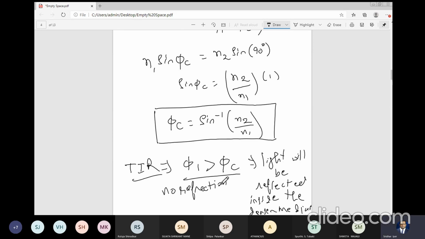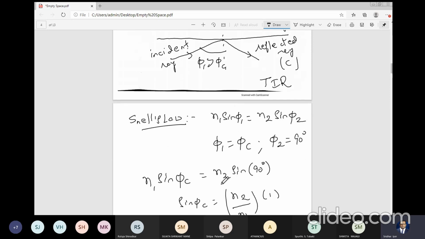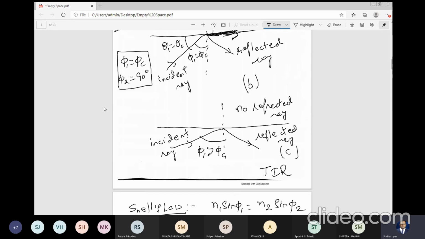There is no refraction, right? So this is known as total internal reflection, and this diagram here basically shows us total internal reflection. When phi 1 is greater than phi c, you only have reflection inside the denser medium. You do not have any kind of refraction that occurs, right?